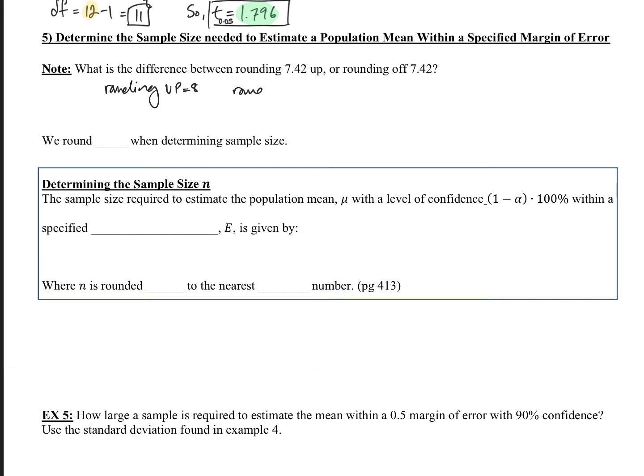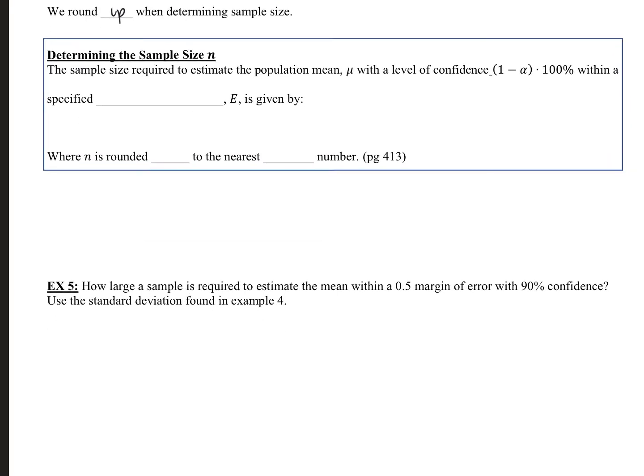But rounding off, we would just stick with 7. Okay, so rounding up and rounding off. And when we're looking at determining a sample size, we're going to round up. So go to the next highest number, or the next number up.